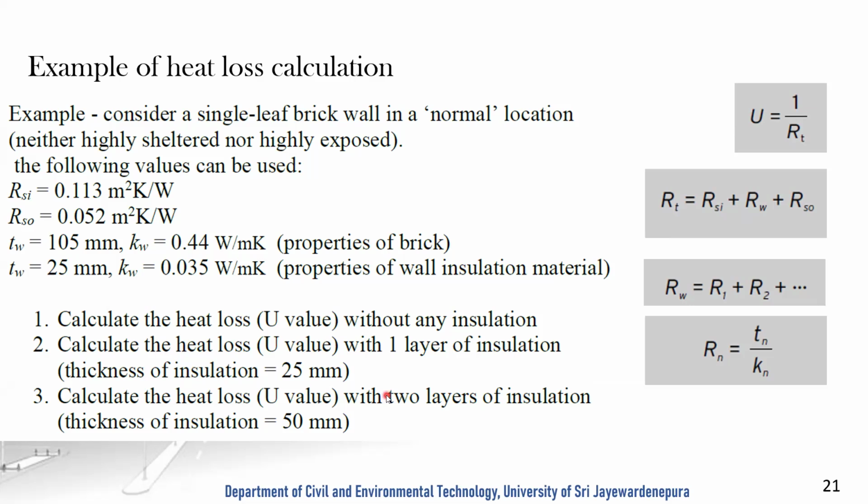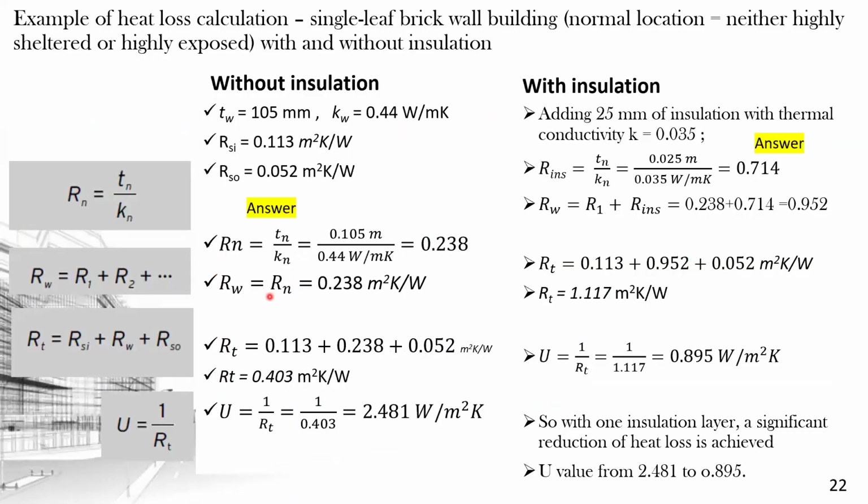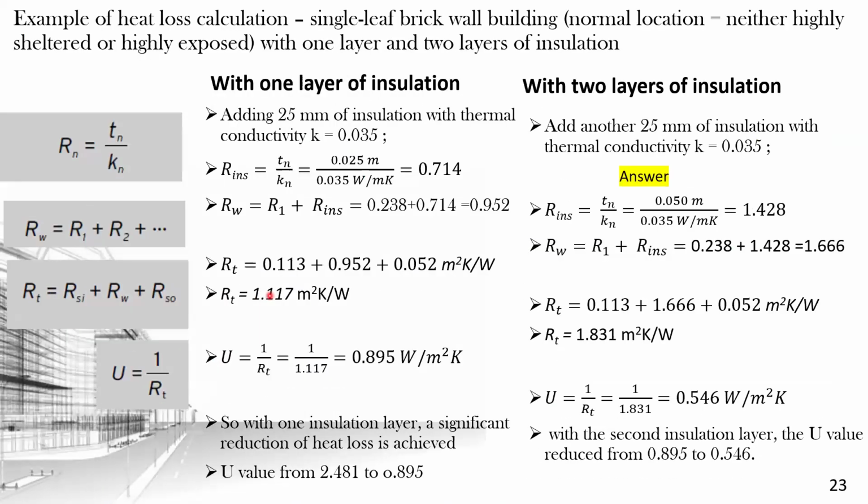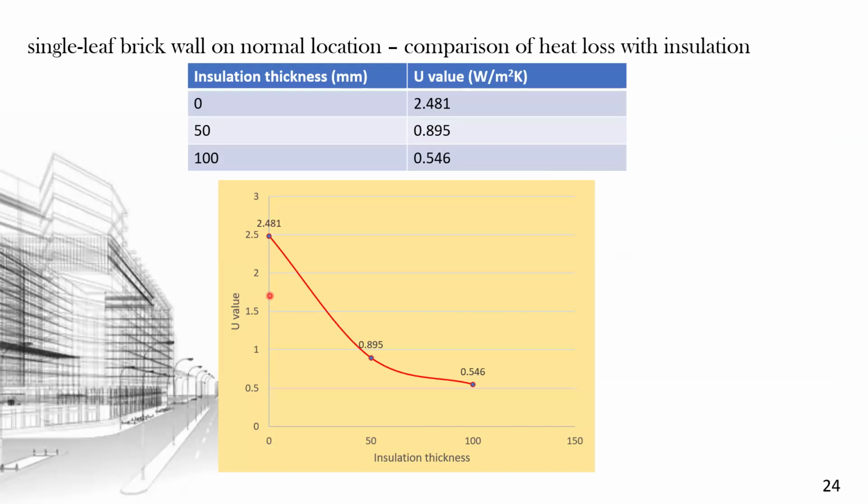This is just to give you an idea of how to get information on controlling the energy coming into a particular building. The answer we will discuss today as well. The discussion was about how the U value changes based on the insulation thickness.